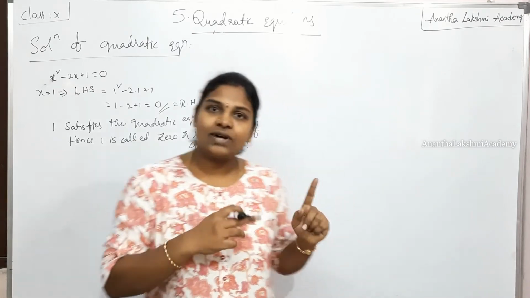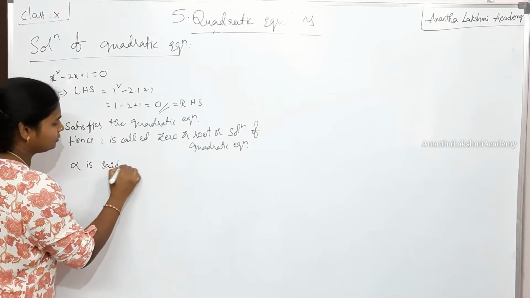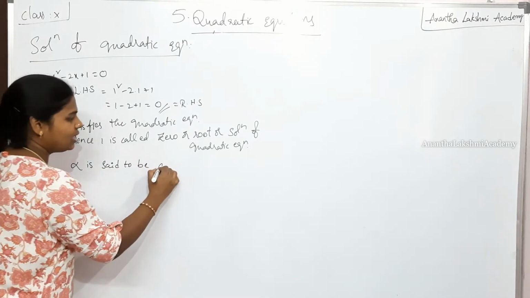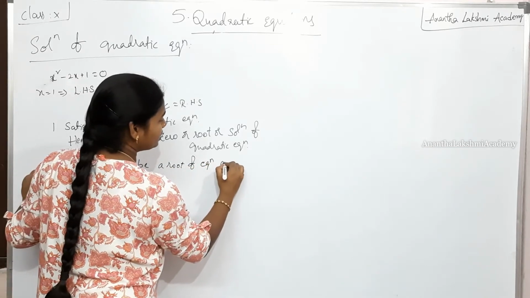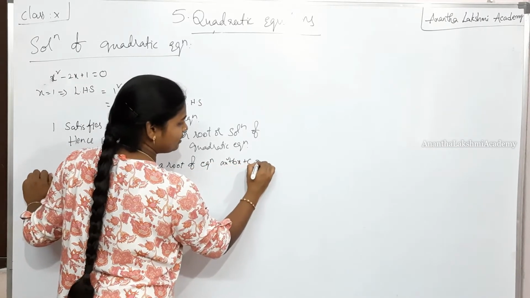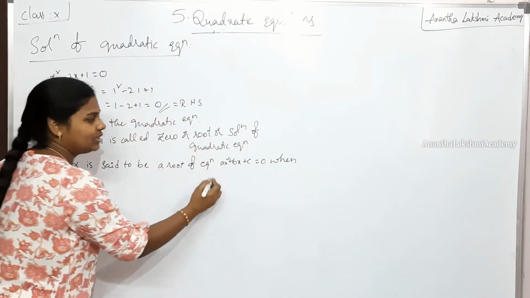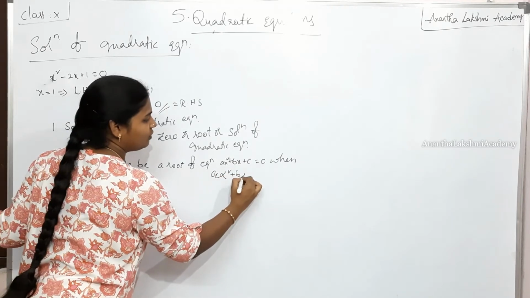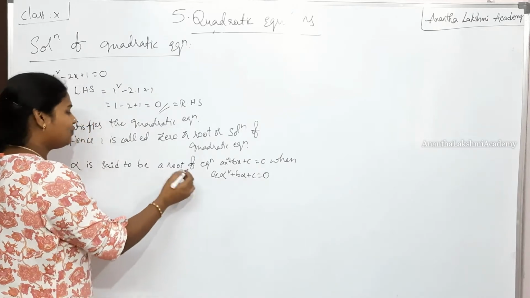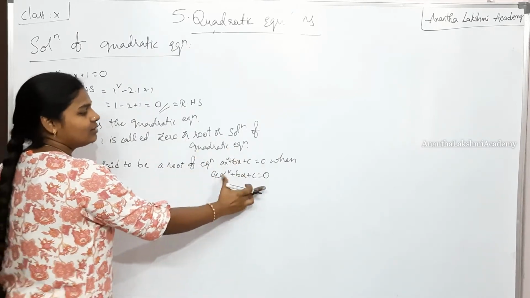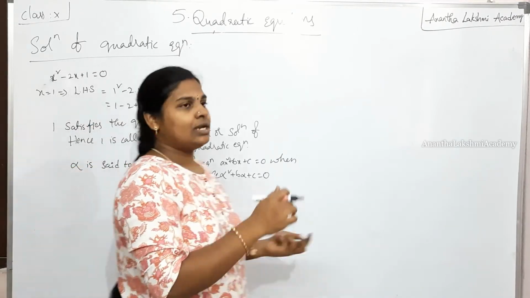So alpha is said to be a root of the quadratic equation ax square plus bx plus c is equal to 0 when you substitute alpha into this, a alpha square plus b alpha plus c is equal to 0, which means when alpha is substituted, the result is 0, then it is said to be a root of the equation.